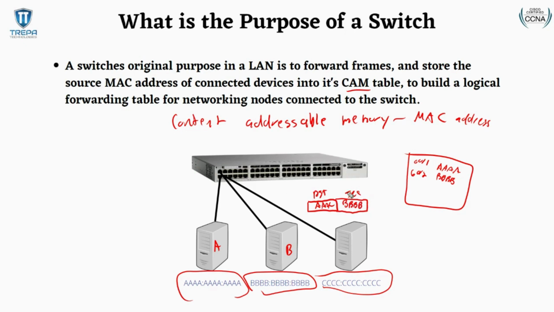When the switch would receive this frame, it would reference its CAM or MAC address table and say, okay, the destination in that Ethernet frame header is all A's, and I have that MAC address associated to port 0/1. So I am going to send this Ethernet frame out port 0/1. That's in its simplest form the logic that switches take in forwarding layer 2 traffic.